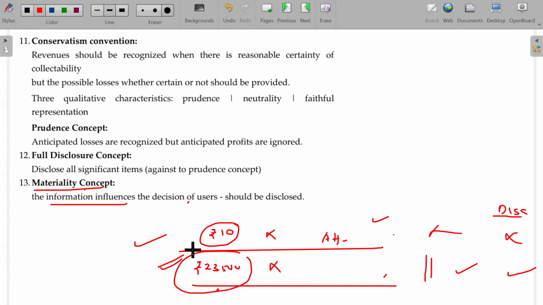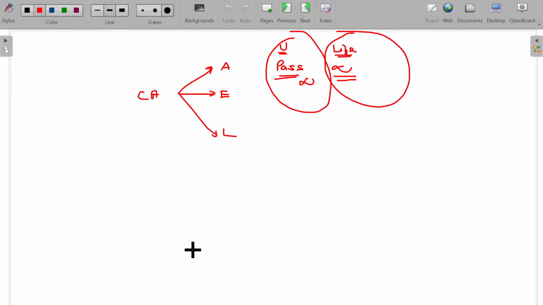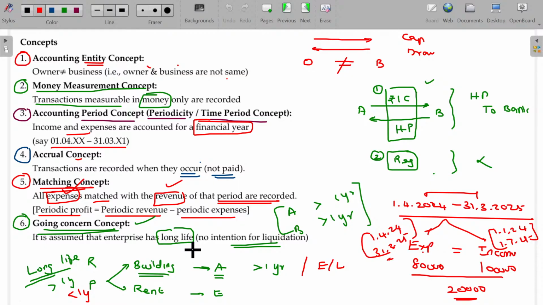Then what will you do? Whether you study or not, the next moment you just go and apply, right? You keep pending to apply, but once you hear this message, immediately you start applying. So if the information gives you the power to decide or influences your decision, then it's called material and you have to disclose it. These are predominant cases for your examination purpose.